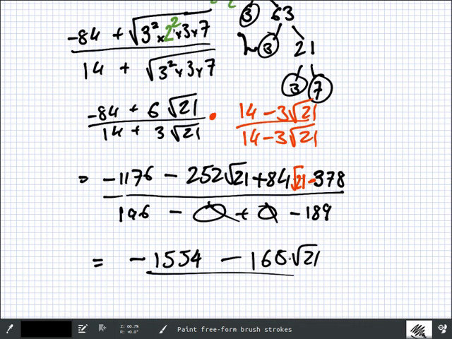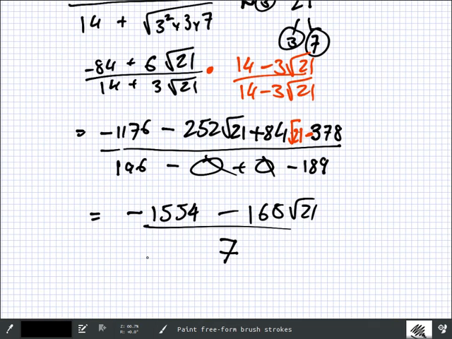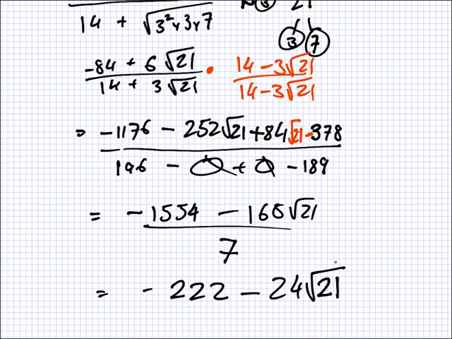And then 196 minus 189 is 7, isn't it? I'm sure 7 goes into both of those numbers. Yes, 7 goes into that, minus 222, and then plus 48. I think it's a minus 24 root 21. Okay, that's that one.